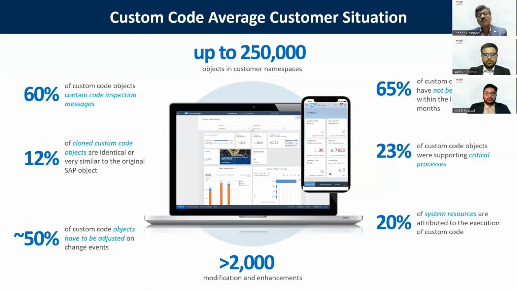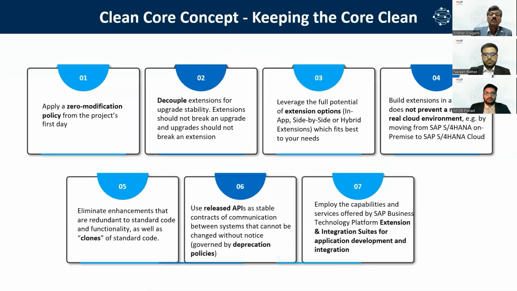Probably there is a way for us to go back to the fit-to-standard aspect, and a way to reduce the custom code footprint and so on. That is also one of the drivers for SAP to come up with the clean core concept. So we'll see what it is.